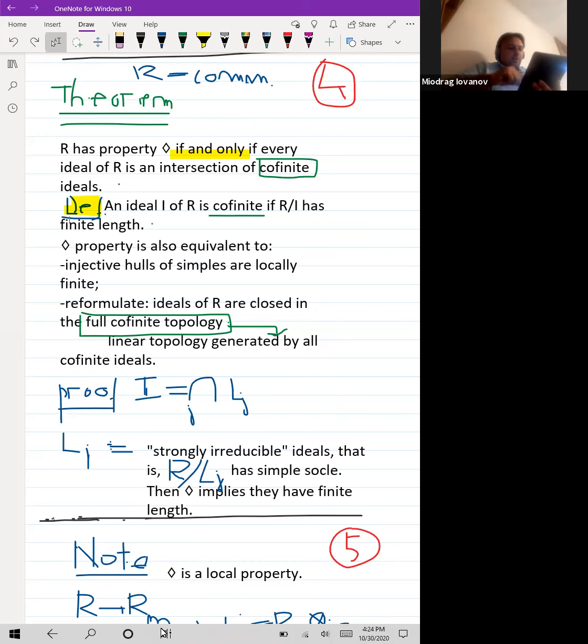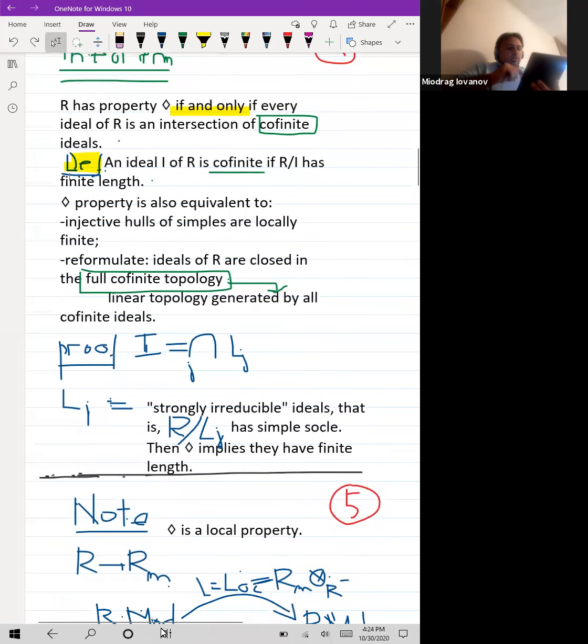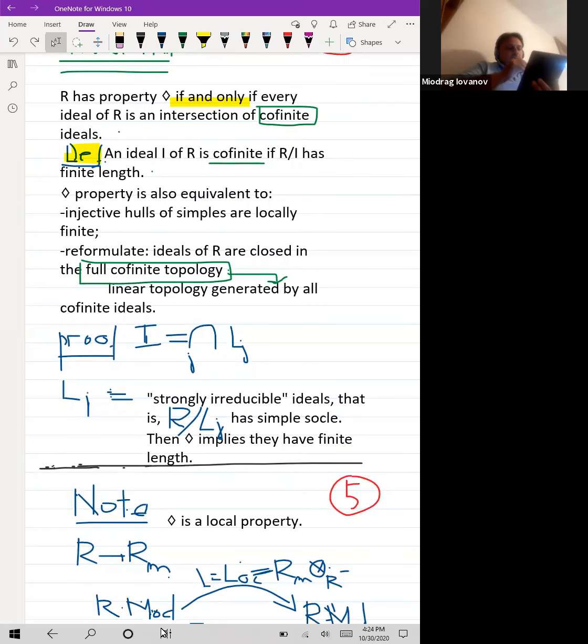Property diamond also is equivalent to, as I said before, the fact that the injective hulls of simples are locally finite. Another reformulation is to say that ideals of R are closed in the so-called full cofinite topology. The full cofinite topology is the linear topology generated by all cofinite ideals.